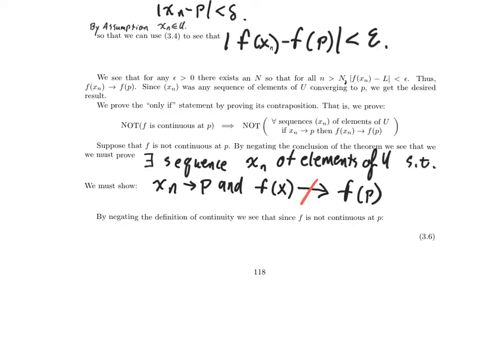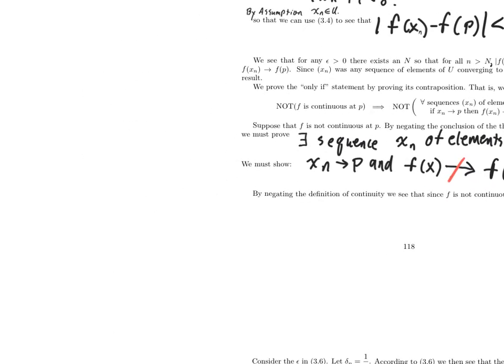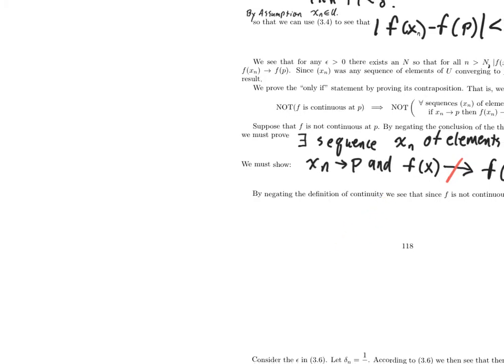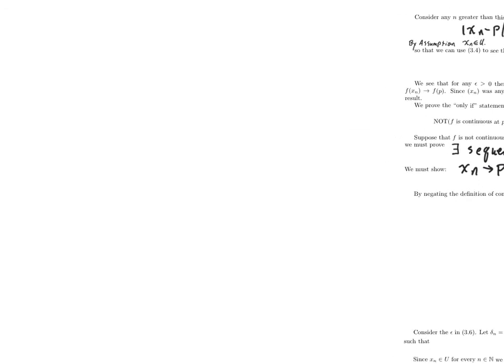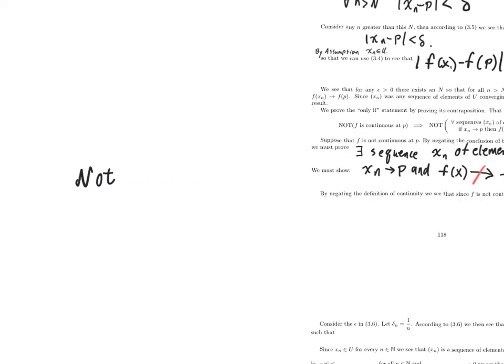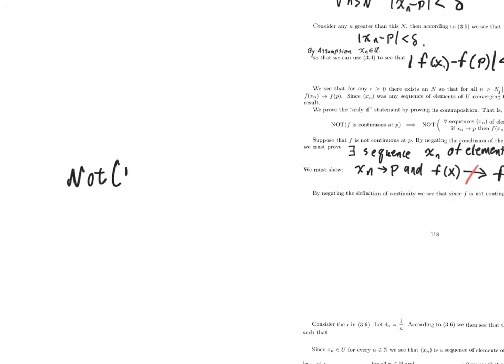And in order to pull that off, let's negate the definition of continuity and see what we get. So I'm going to put the actual negation in the space right here, but off to the side, I'll figure out what that negation should be. So what do I get to assume? I get to assume not f is continuous at p.